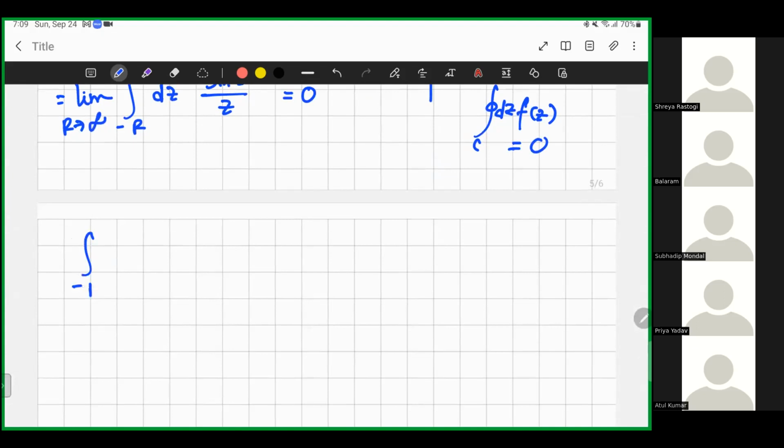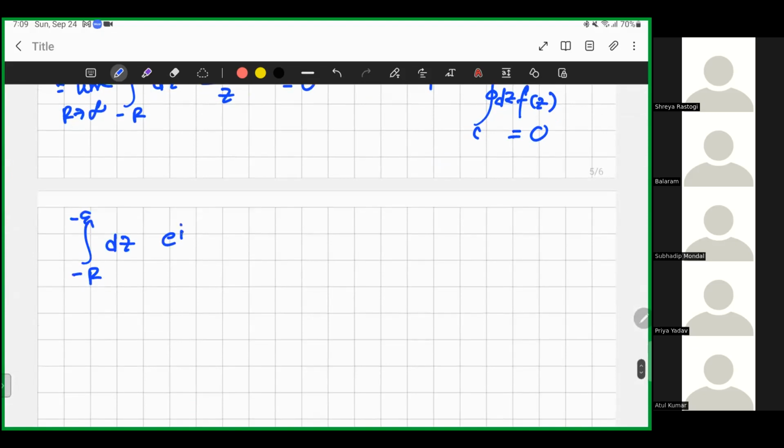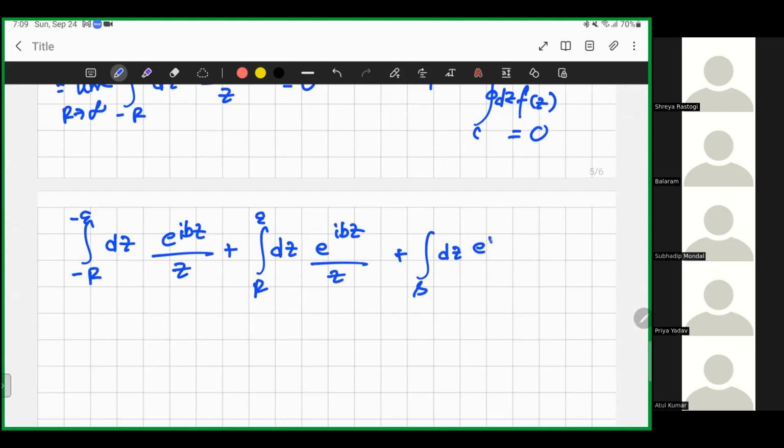So this integration minus r to r, we can write as minus r to minus epsilon dz e to the power i bz by z, plus epsilon to r dz e to the power i bz by z, plus in the small s dz e to the power i bz by z, plus capital S dz e to the power i bz by z. There are 4 parts.